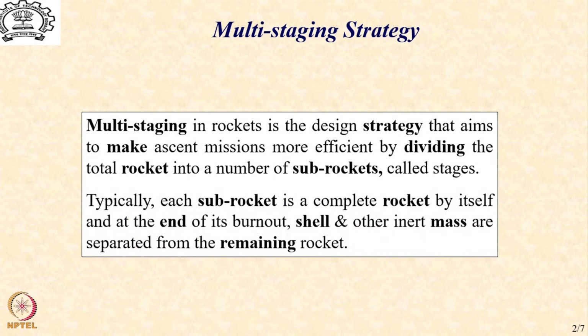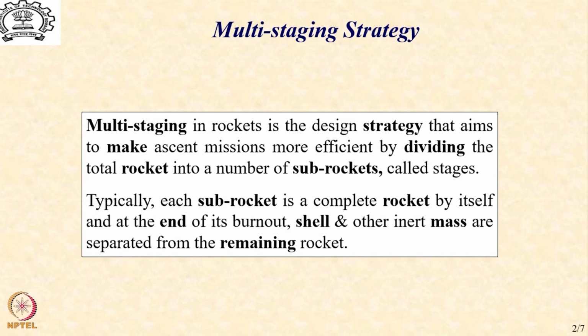Typically, each sub-rocket is a complete rocket by itself, and at the end of the burnout of the sub-rocket, shell and other inert mass are separated from the remaining rocket.